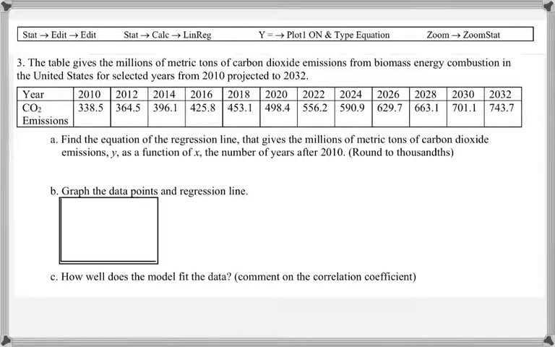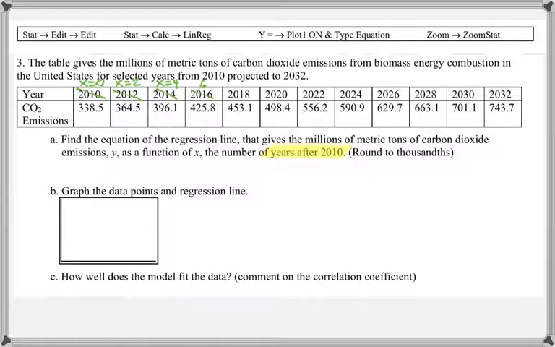Something very important here is that they want this to be the number of years after 2010. So when I'm entering in this data, I can't just enter in 2010. So 2010 would be 0 years after 2010. 2012 would be 2 years. 2014 would be 4.